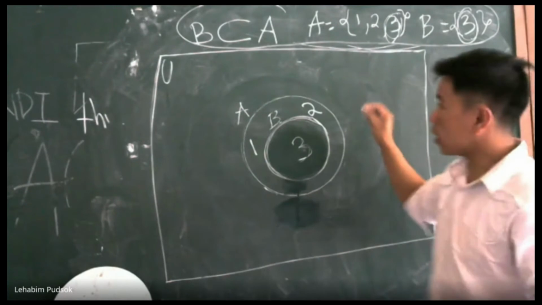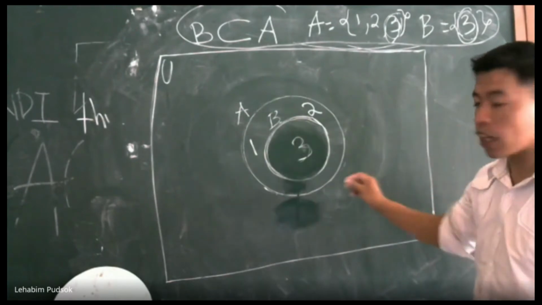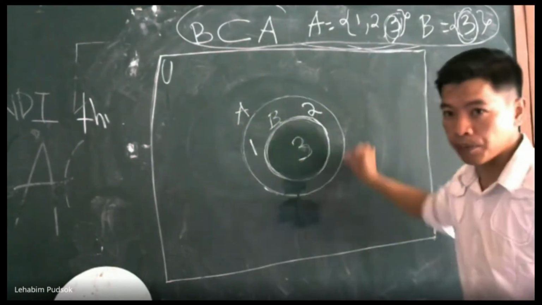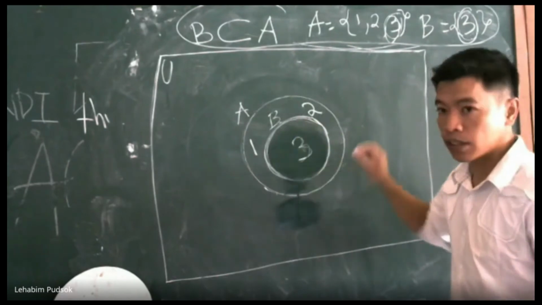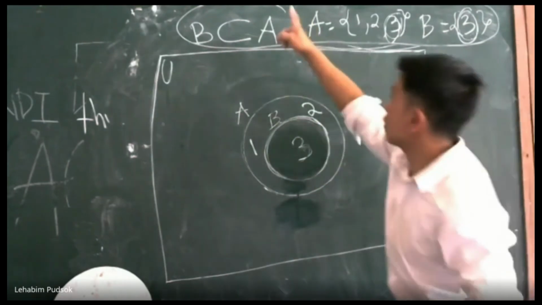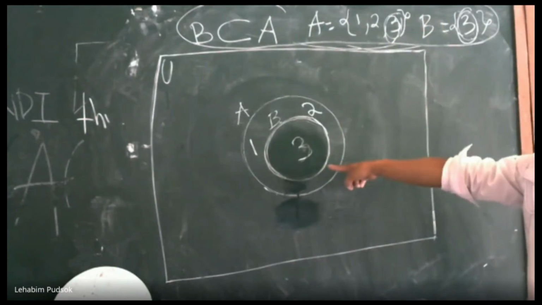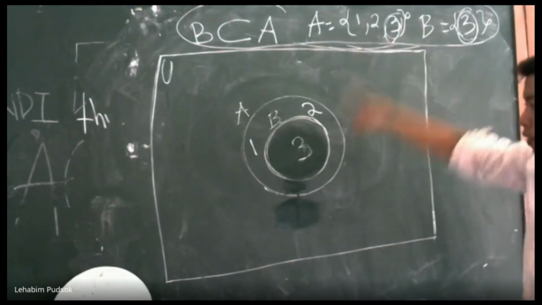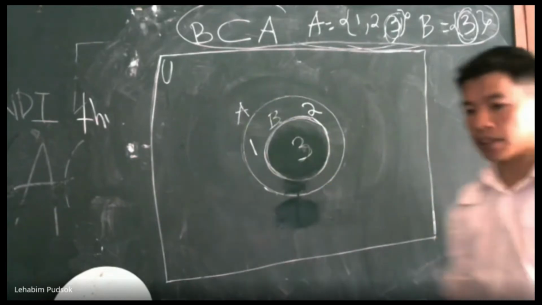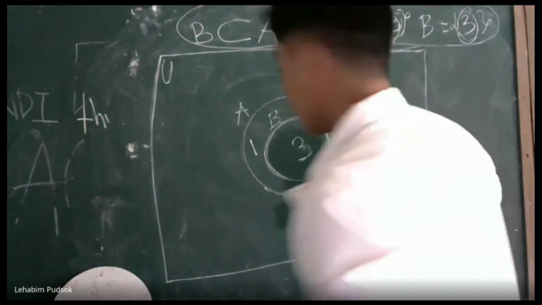The correct way of representing the relationship is this one. This is the representation of the sets in a Venn diagram. Don't be confused about that.